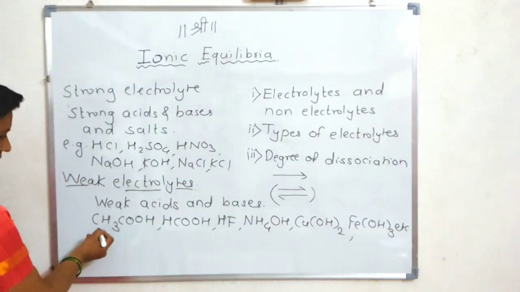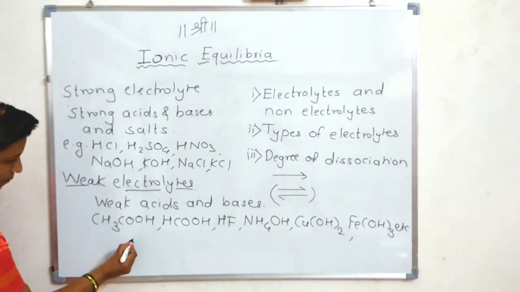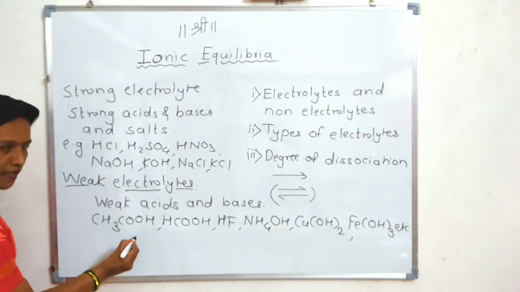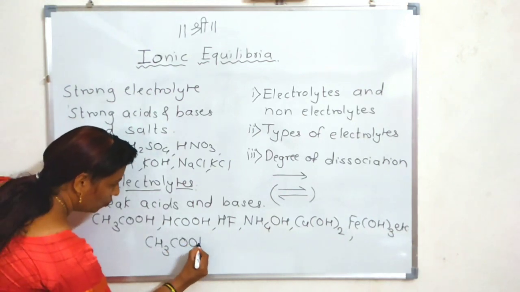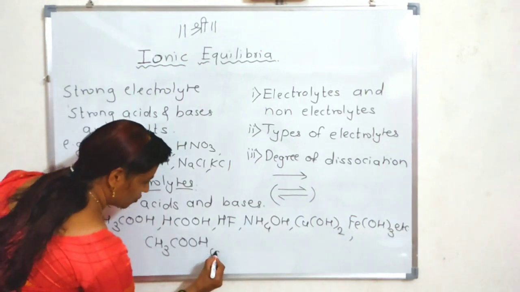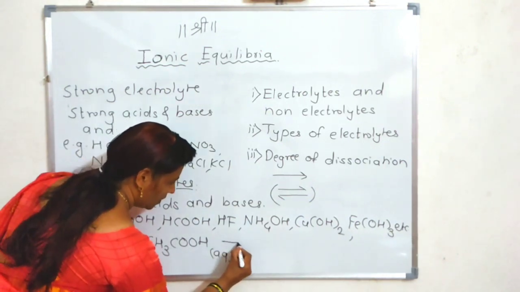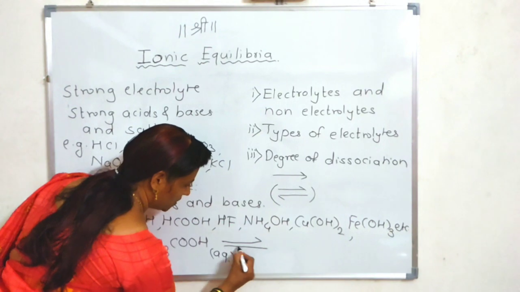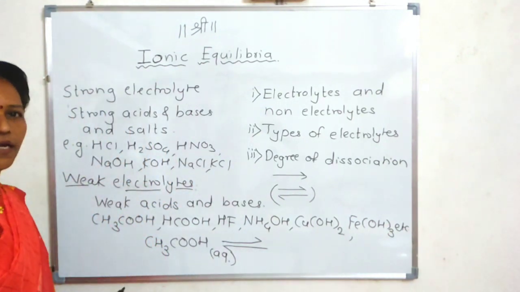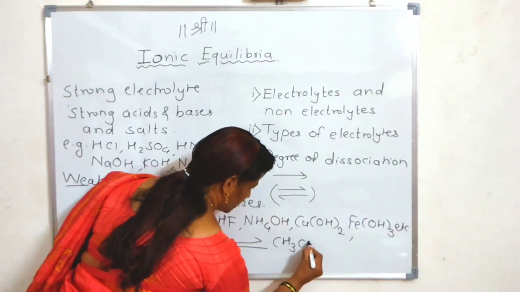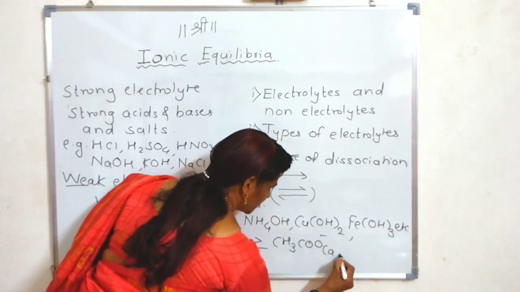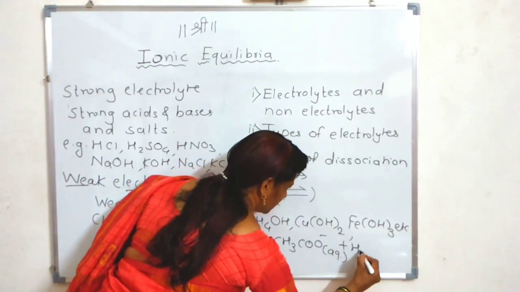Let us consider the example of acetic acid. The ionization reaction of acetic acid is written as CH3COOH. In aqueous solution it dissociates partially, therefore it is represented by a double arrow, and it gives the ions CH3COO minus plus H plus.